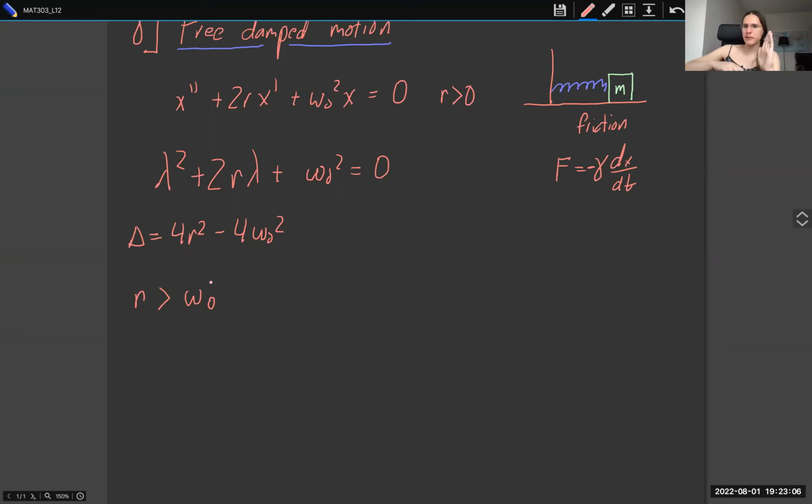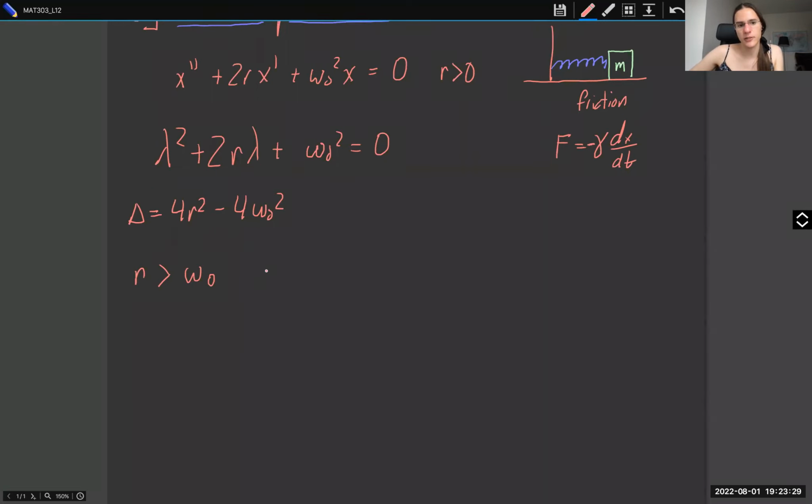If the spring is barely stiff at all, then it's barely applying any force and it's going to cause very little motion. But now we have friction. So in the regime where r is greater than ω₀, friction dominates the spring, and friction is going to win over. We're going to see that the solutions are real, so distinct real solutions.